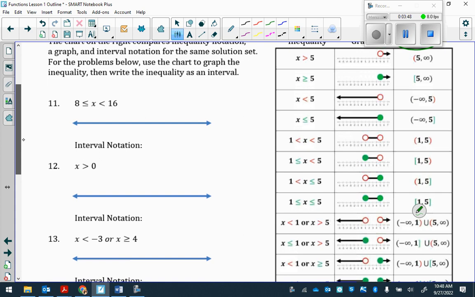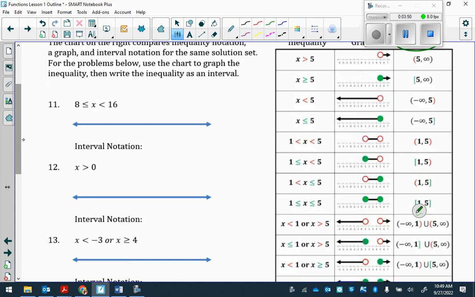So if we see 8 is less than or equal to x, which is less than 16, say I have 8 and 16, and I'll do the circles above. If you see the x in between, this is a compound inequality where the graph falls in between 8 and 16.